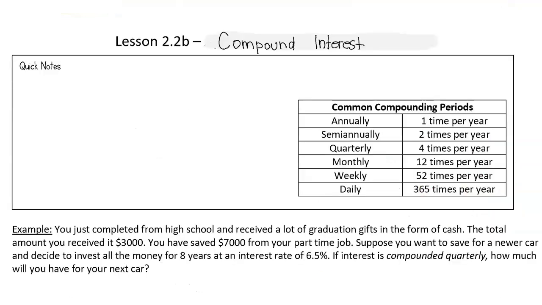The formula for compound interest is going to be FV equals P, the principal, times 1 plus the rate over little n, which is the number of compoundings per year, all raised to the n times t. All right, FV is going to be our future value.